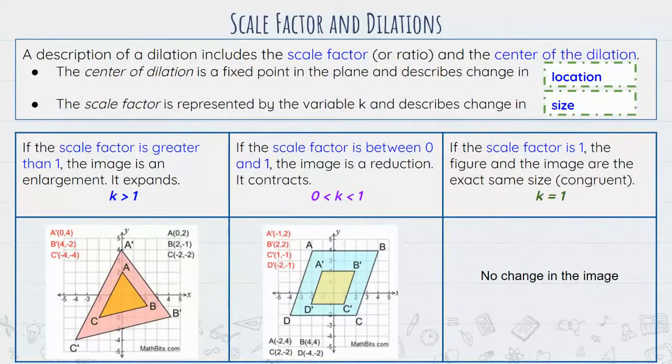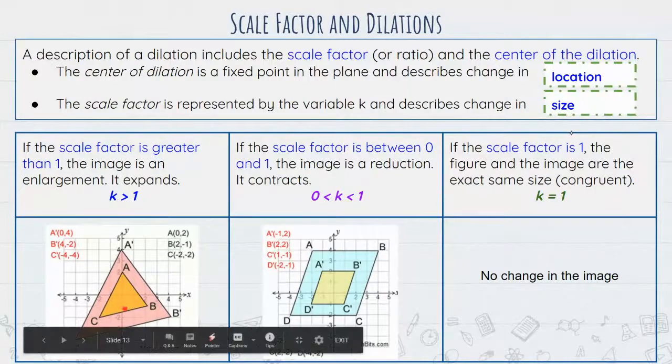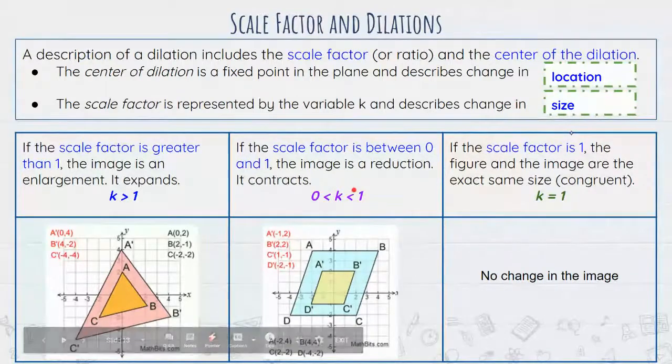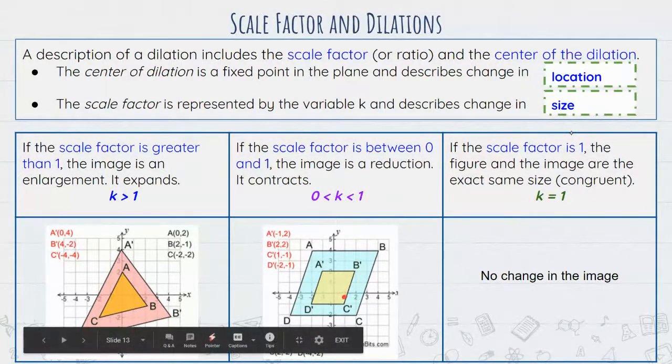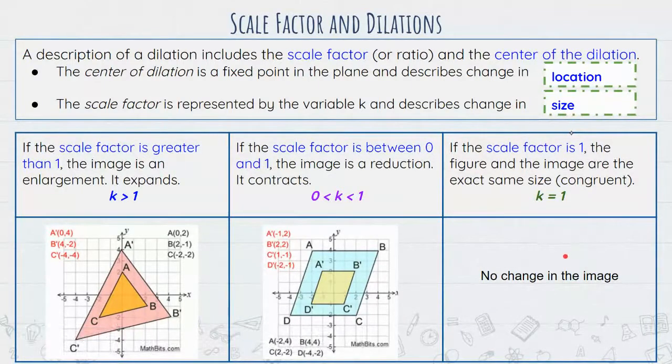The scale factor is represented by variable k or r and describes change in size. If it's greater than 1, it expands. We can see this k is greater than 1. If it's between 0 and 1, or if it's a fraction, it's a reduction. If it's 1, there's no change in the image. It's just the same size.